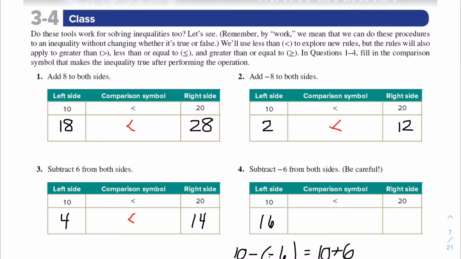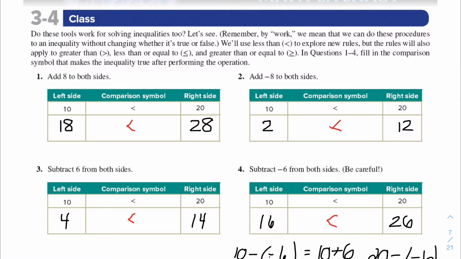Subtracting negative 6 would give you 16. Same thing over here, if you take 20 and you subtract negative 6, that's 20 plus 6, so you get 26 here. And the inequality symbol goes towards the larger quantity, so it does not change.